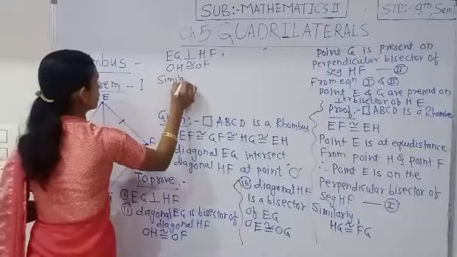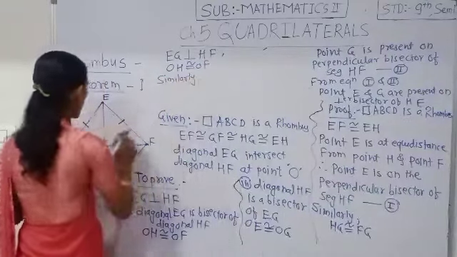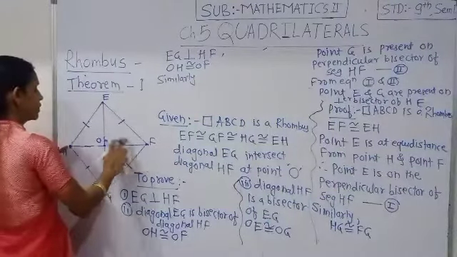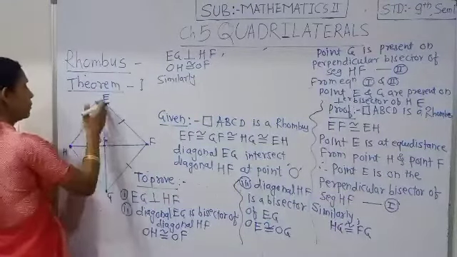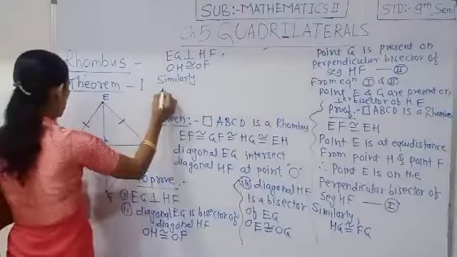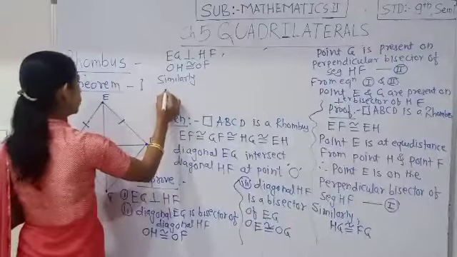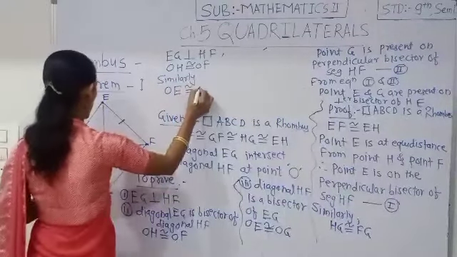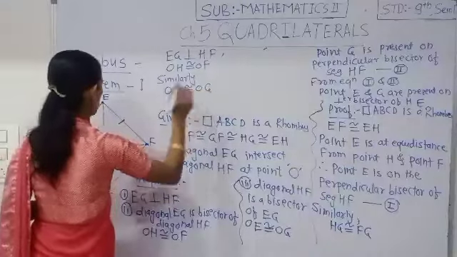Similarly, we can prove that HF is a perpendicular bisector of EG. Similarly, here we can prove that OE congruent OG.